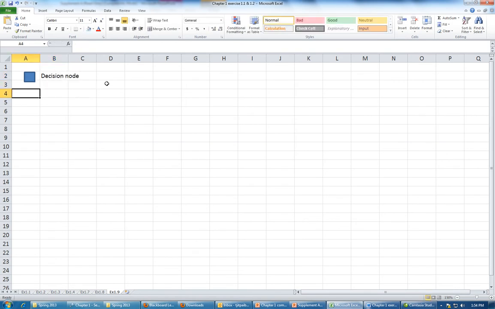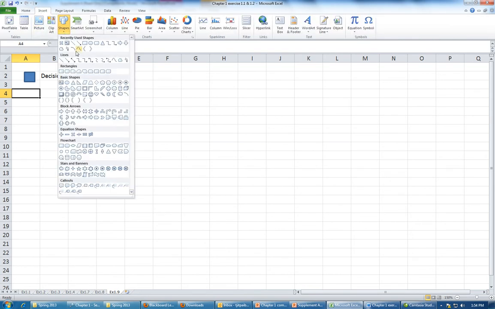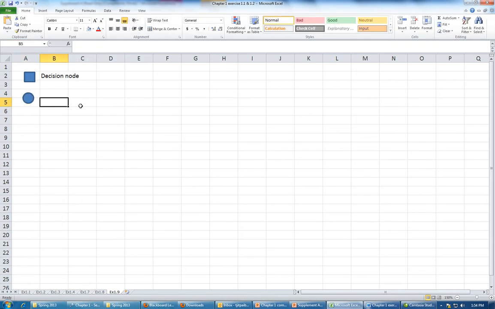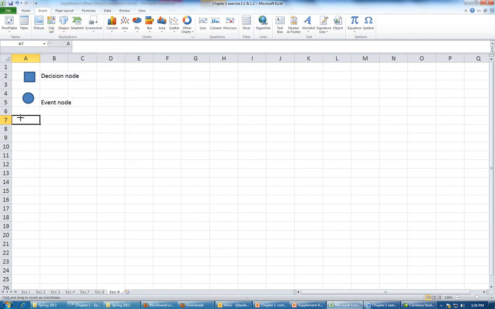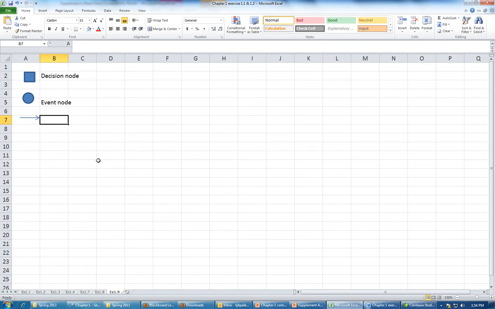Another one we are going to use is a circle. That one will represent an event node. And we are also going to use an arrow. The arrow will represent an option.